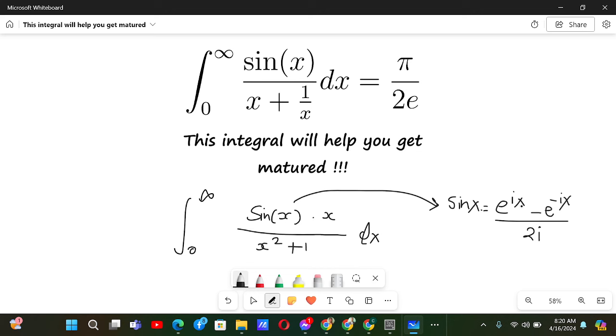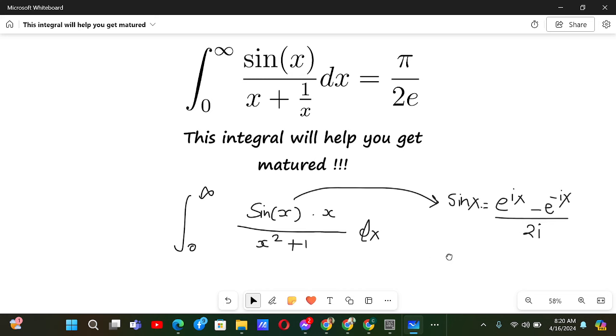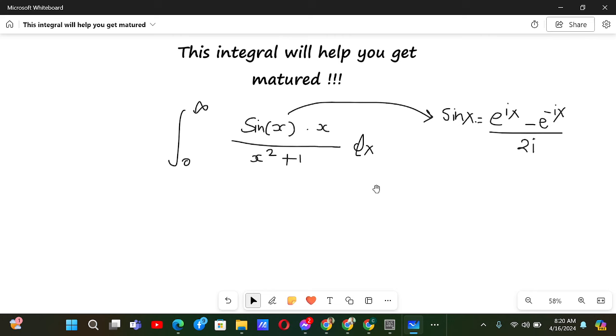Since it's easier to deal with e than sine, you will get some ways to play around with e and the polynomials, and this will simplify it to some expressions, maybe gamma or beta or digamma, and you will be able to solve it. But for this case it will be troublesome, and we have another idea too.